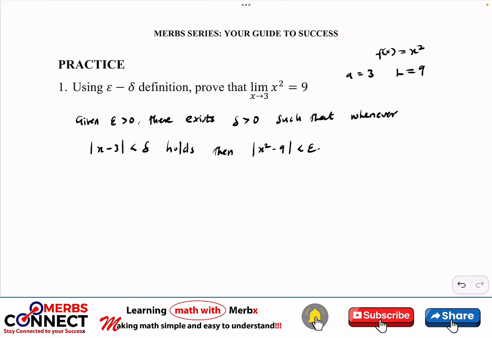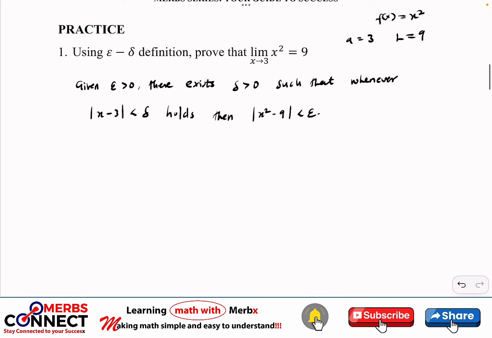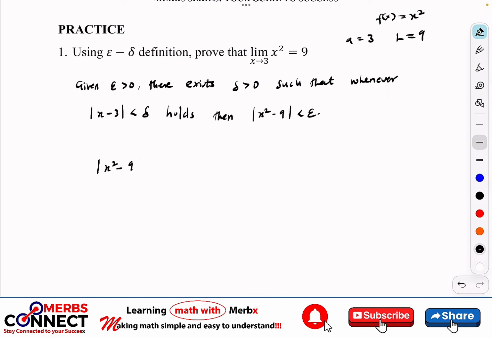Now, my favorite part is how to do the proof. So I'll start from here. What we are going to do is pick this and prove that it's indeed less than epsilon. So now let me start with the absolute value of x squared minus 9.